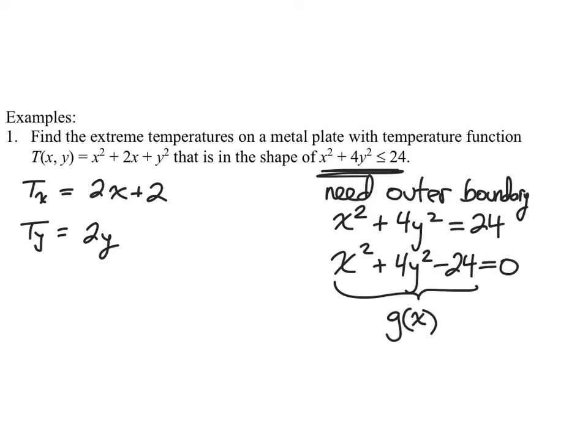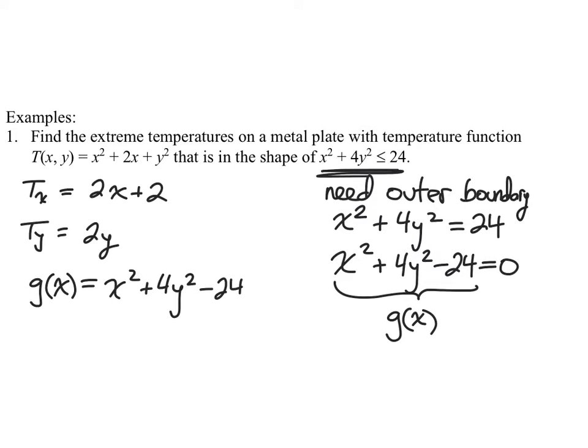All right, so a couple of things that we would need to do. I'm going to make a note of what g of x, y is equal to. I've got to find the first order partials of this function, but then I also have to set g of x, y equal to 0 and solve. Well, fortunately, it's already set equal to 0.